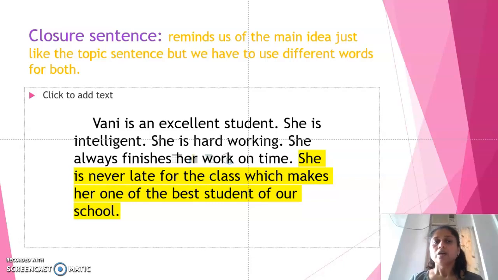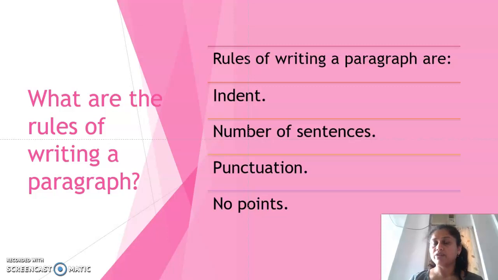Next, you can't just write down a paragraph without rules. Grammar always follows rules. So let's check out what the rules of writing a paragraph are. There are 4 basic rules that you need to follow to write the simplest of paragraphs. The first one is indent. Then you have to keep a check on your number of sentences.